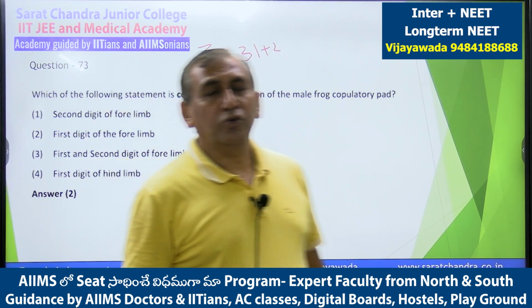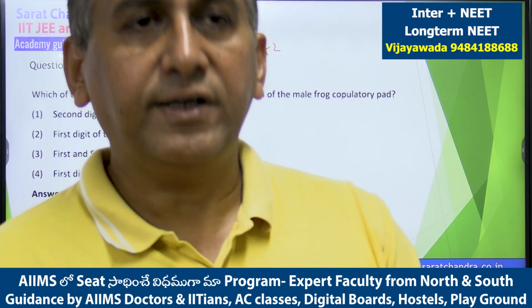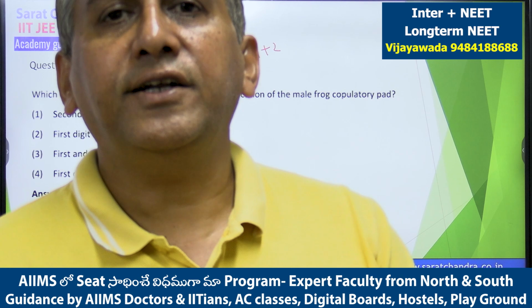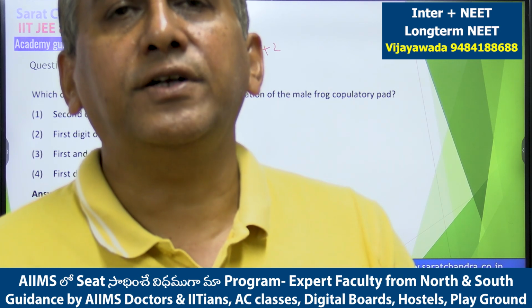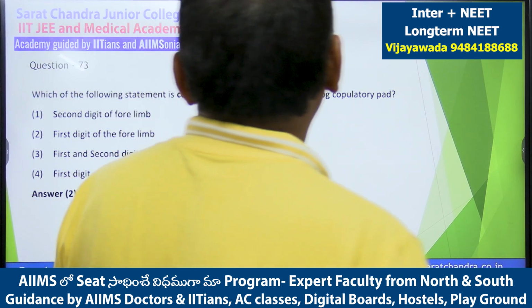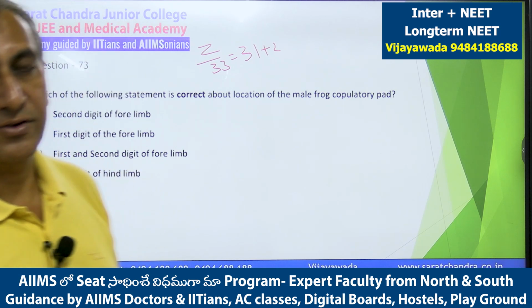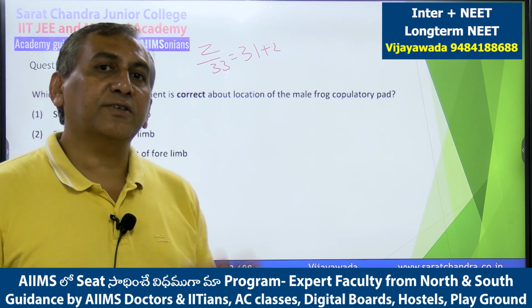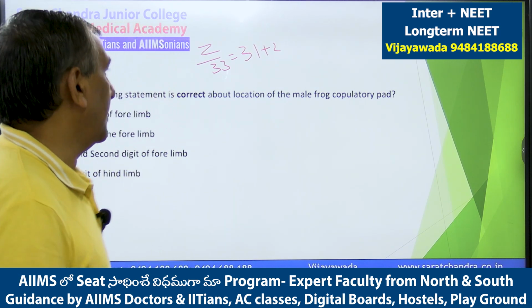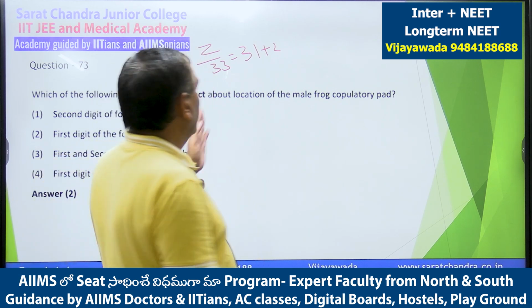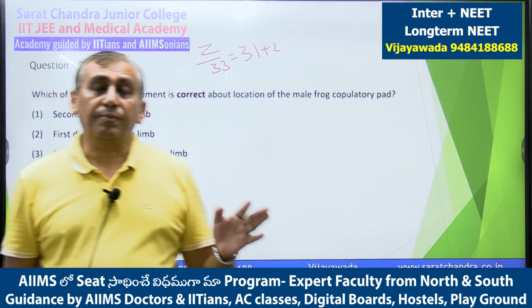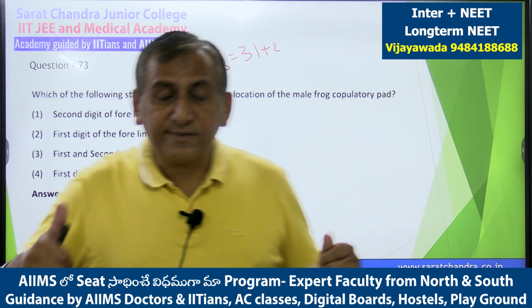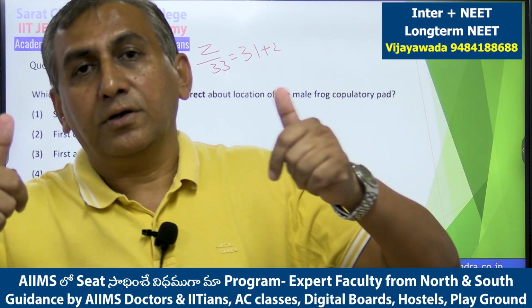There is a term known as sexual dimorphism. What is sexual dimorphism? Identification of the sex of an individual on the basis of external characters. That is known as sexual dimorphism. Now, what is the sexual dimorphism in frog?